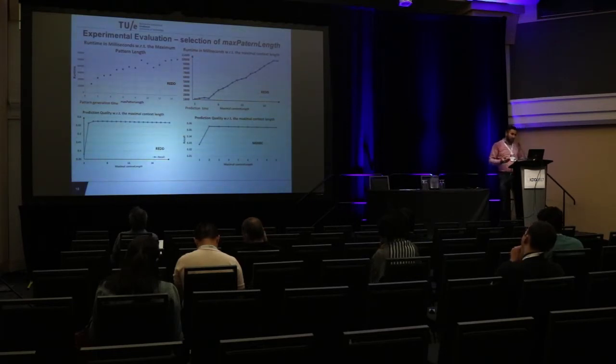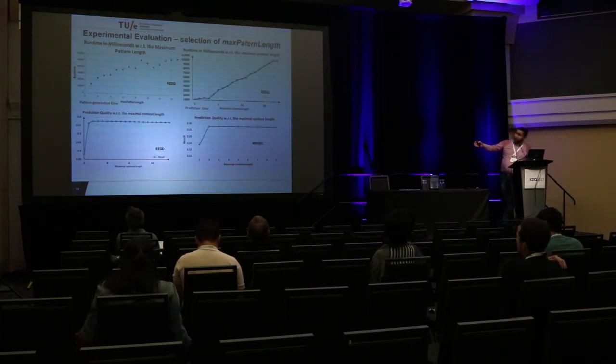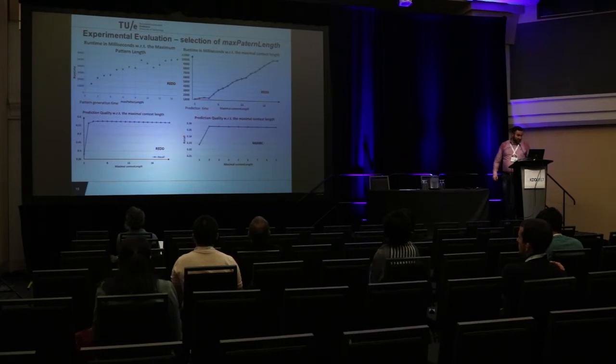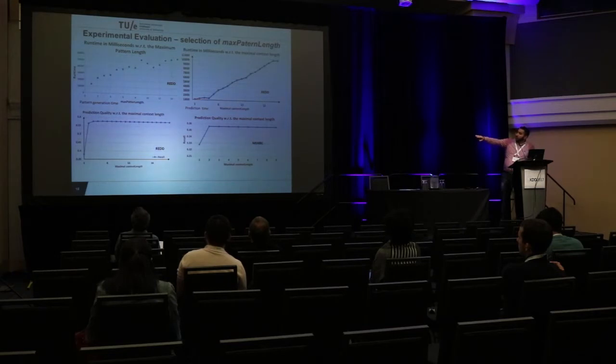But what we wanted to see is how much this parameter is affecting the quality. And below, on the left-hand side, we have the same data set, and we show that after a certain value for max pattern length, namely like 3 or 4, there is no increase in the recall value.